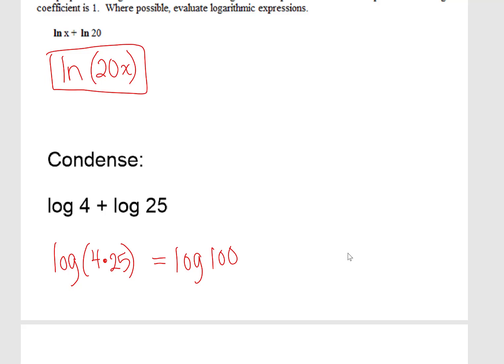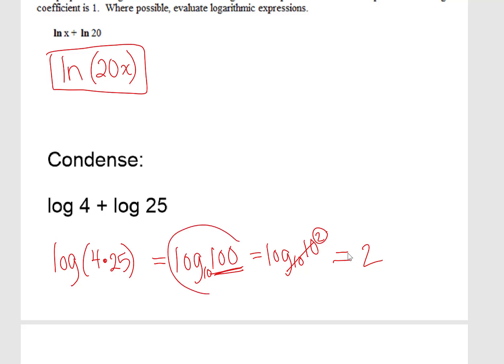Because remember we said, if we just have a value right here, then you'll want to at least punch it into your calculator if you can't identify what you would be able to simplify it to. But remember, there's a 10 right here. So if I can express that 100 as an exponent with a base of 10, which I can, then I can knock this out and my answer would just be the exponent.